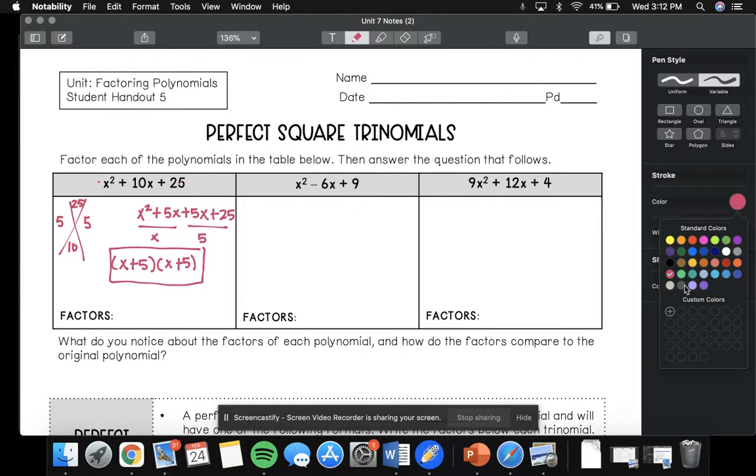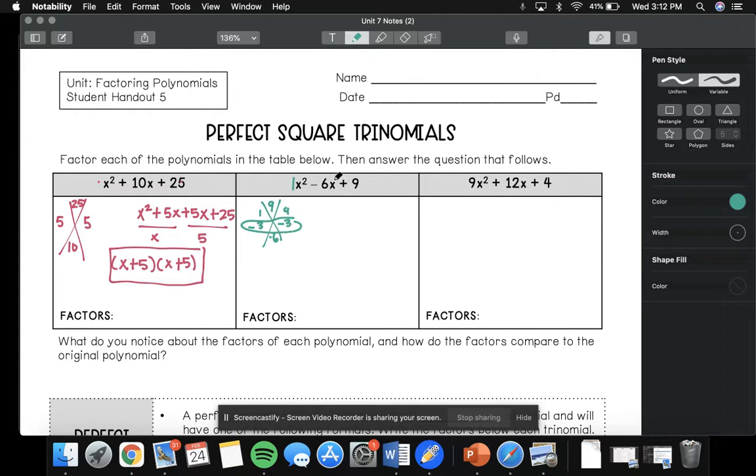Great. For this next one, we're going to do 1 times 9. So the puzzle is what multiplies to 9 and adds to negative 6. So we have 1 and 9 and 3 and 3. It looks like it would have to be a negative and a negative to multiply to a positive 9 but add to a negative 6.